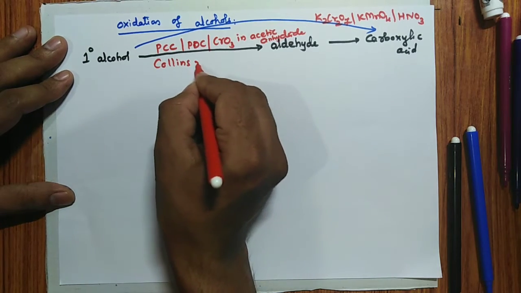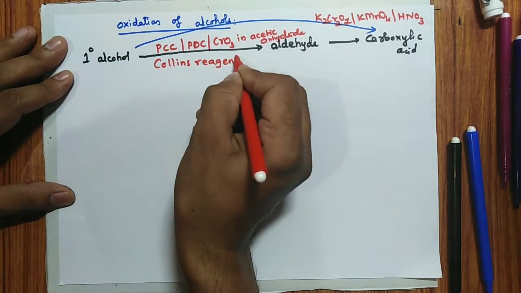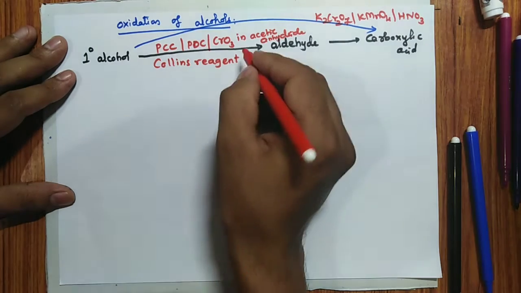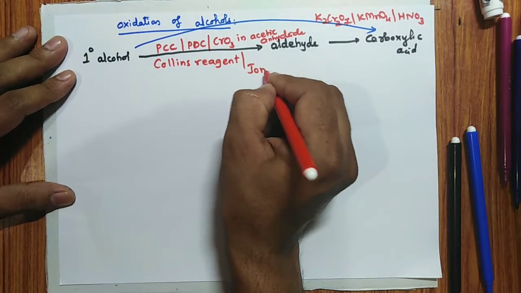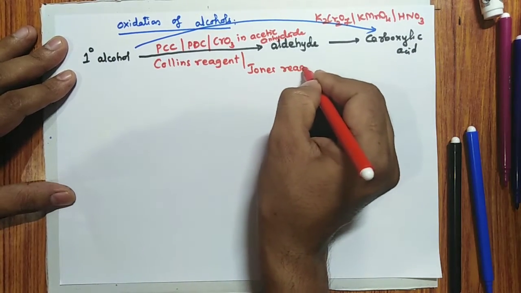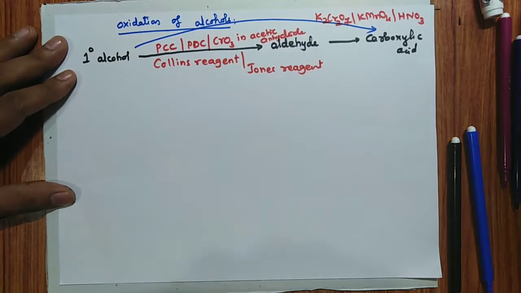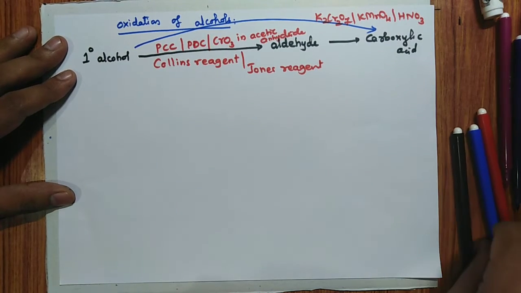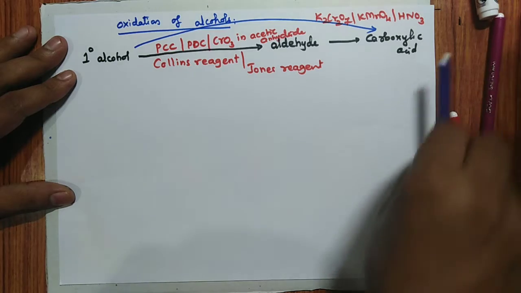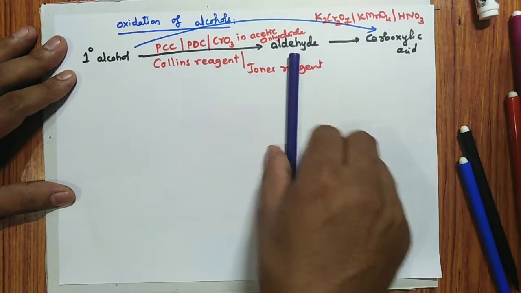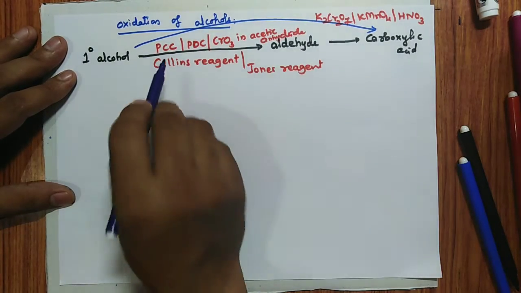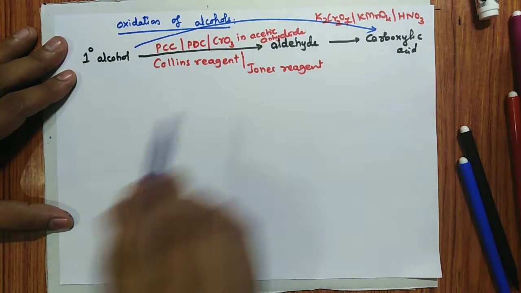Remember, Collins reagent. And another reagent is there, that is Jones reagent. Remember this very, very important point. So you can see the conversion of primary alcohol to aldehyde with the help of PCC, PDC, CrO3, Collins reagent, Jones reagent.